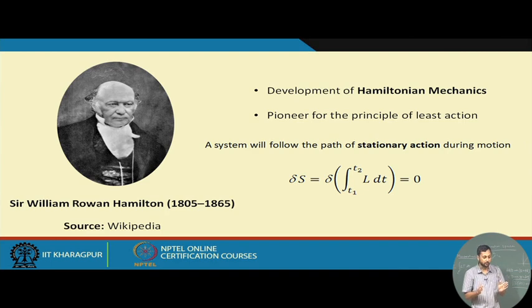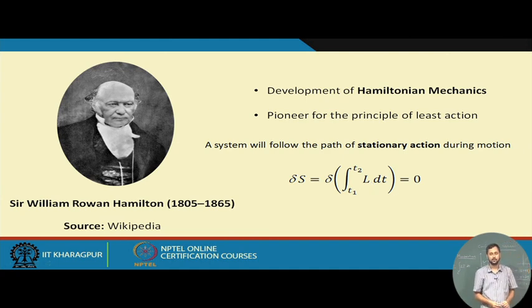Now, he came up with a principle of stationary action, sometimes called the least action. He replaced the kinetic energy term with the Lagrangian of the system, and between two time points t1 and t2, the system will take the path along which this particular integral of L dt is stationary.